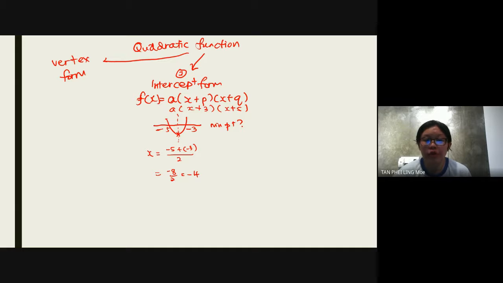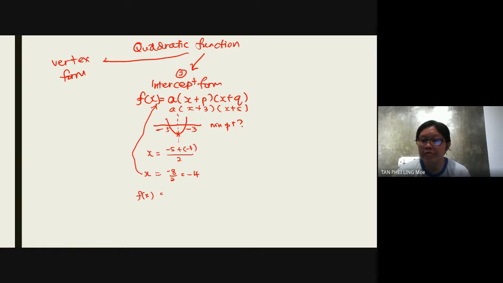Then to find out the y or the f(x), you substitute this x back into here. Then you find out the f(x). So that is how useful the intercept form is. All of them are actually interconvertible to each other as long as you expand them.